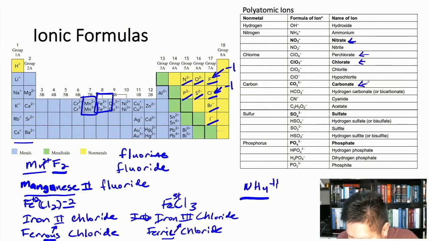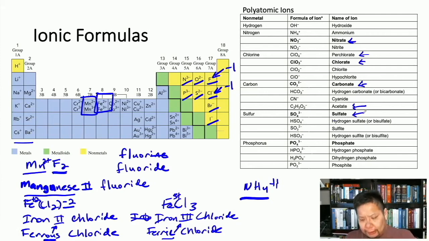Or the acetate ion, which is what vinegar is made of when it's an acid, acetic acid, C2H3O2 -1, that also ends in ate for acetate. Sulfate, SO4 -2, is also ate. So most of them are going to end in ate.